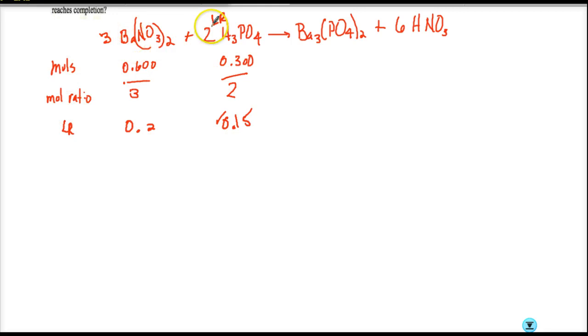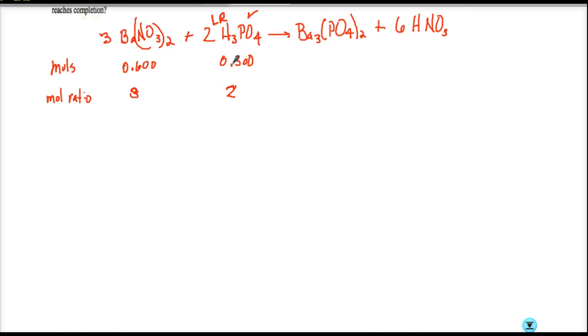Okay, check. We know our limiting reactant. That is our limiting reactant. Now, we're going to use that information, and we're going to figure out what our 1 is. So if this is what I'm going to run out of first, I'm going to run out of this one first.